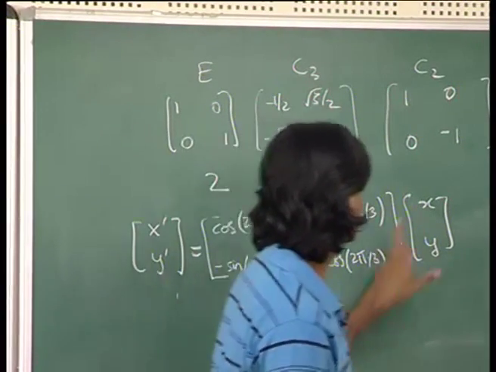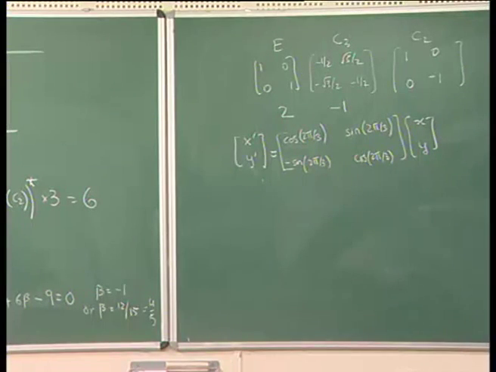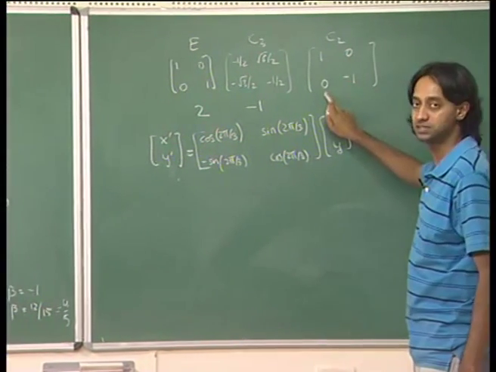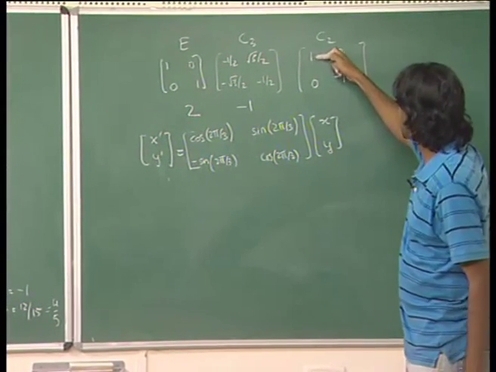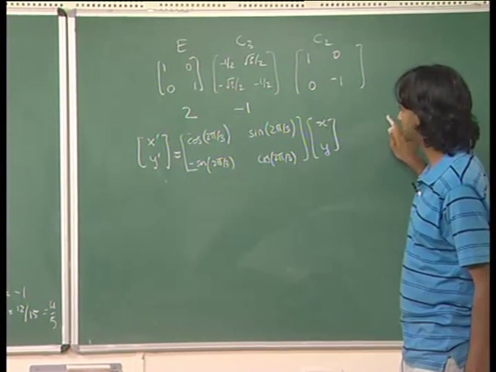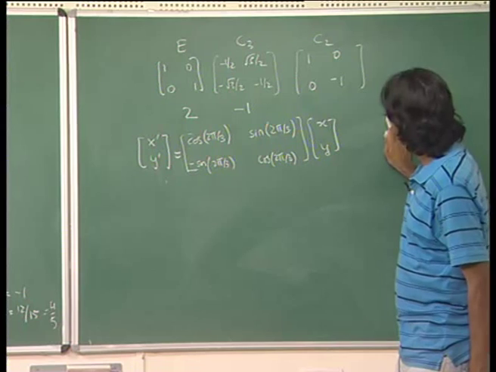Now, the matrix corresponding to C2. Okay. So, let us take this, which has 3 C2 axes perpendicular to the z axis. So, if you take one of them along the x axis, okay, then the matrix of transformation will be shown as this, because the x coordinate is not changed, the y coordinate changes to minus y, z of course changes to minus z, but we are not showing z, we are just showing x y. Okay.